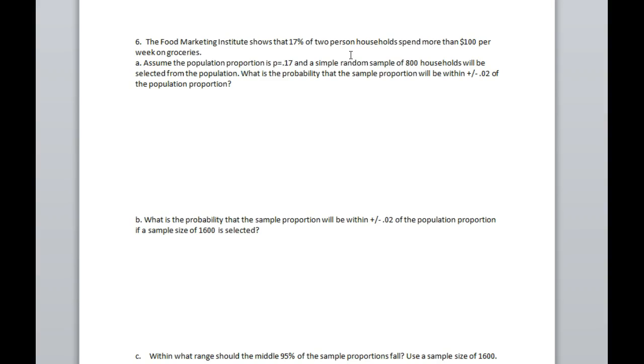So basically, we want to know, is it within 0.15 and 0.19.